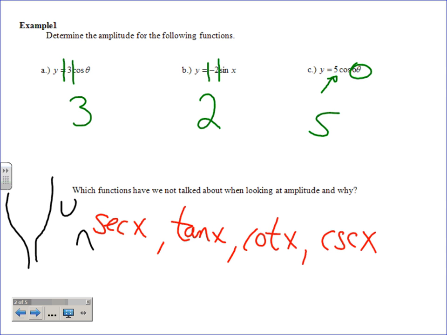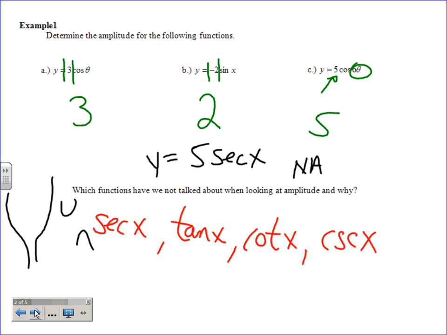So what that means is, if I ever ask you to tell me the amplitude of one of those, you can either say no solution or not applicable, which is actually what NA stands for. It doesn't apply, or some people like to say no amplitude.